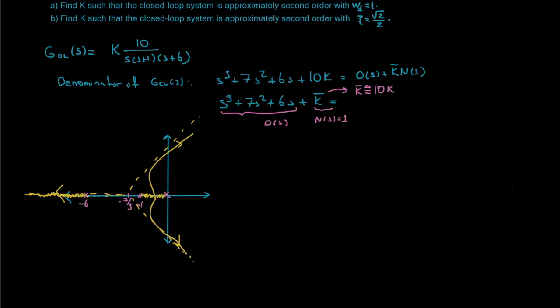So when psi is equal to square root of 2 over 2, what can we say about the theta? And the theta, I'm talking about this angle over here. So if I move on this root locus, this theta is changing, right? And what I mean by theta is this angle.